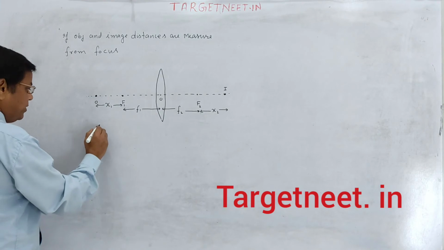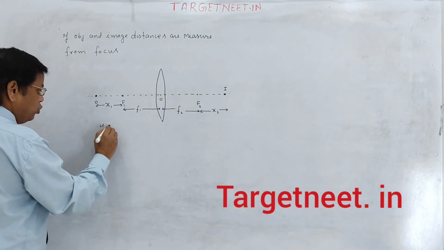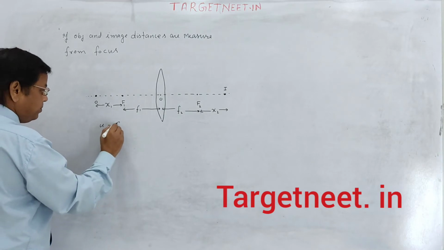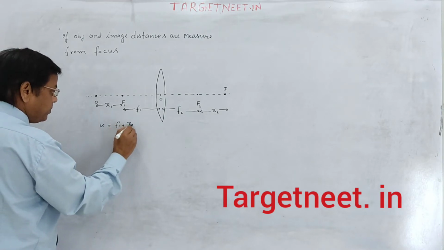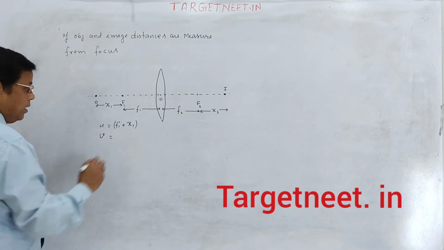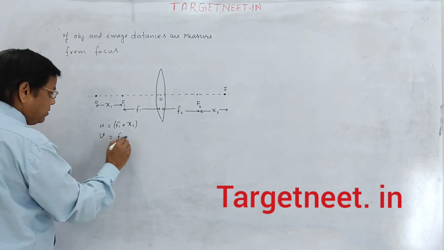So here the object distance u, numerical value, can be taken as f1 plus x1, while the image distance v can be taken as f2 plus x2.